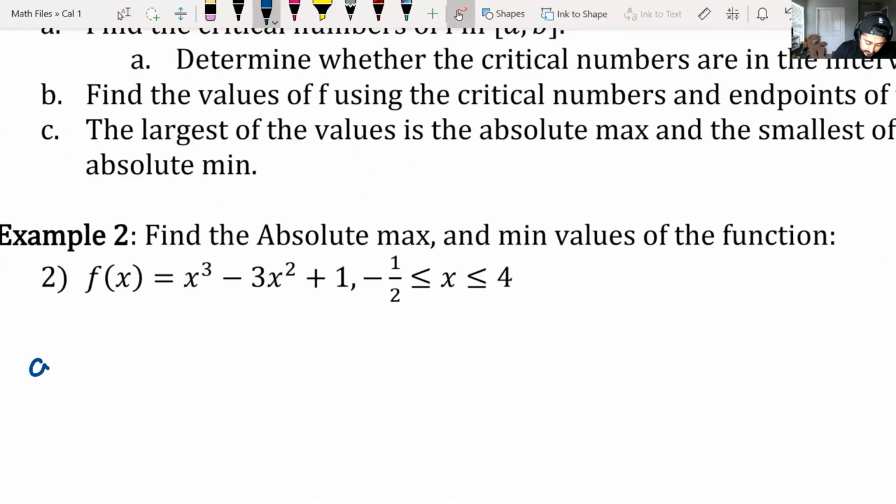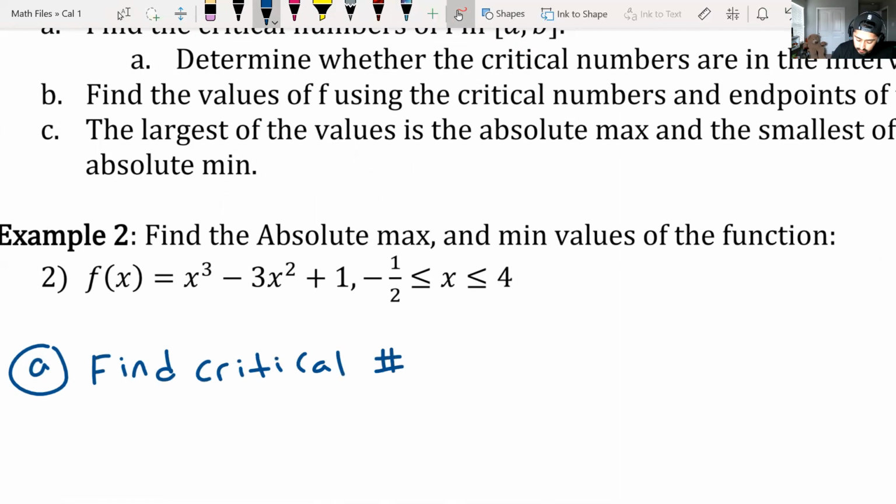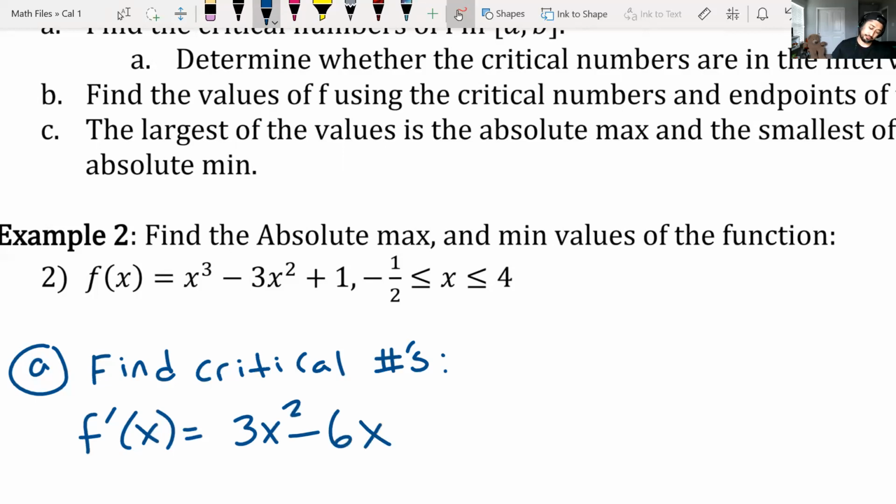So we can say A. Find critical numbers. And that means we take the derivative and we get 3x squared minus 6x.